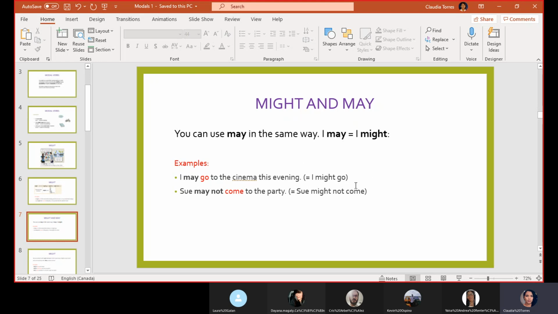So the only difference between the two in affirmative sentences, I would say, is the spelling and the pronunciation. So keep that in mind when you're saying might and when you're saying may.